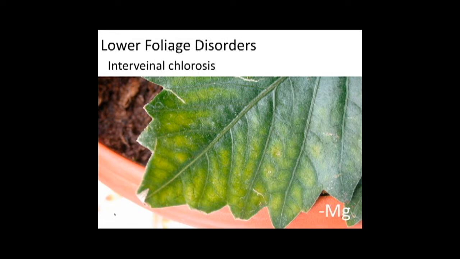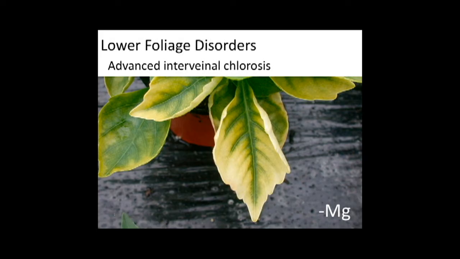We're looking here at a classical case, and you look at that leaf, interveinal chlorosis. The veins are green, and the spaces between those veins are yellow, and you can see that clearly in this up close shot. As things progress, under more severe conditions, you'll get an overall yellowing, and it will start moving its way up the plant. This is also a severe case in the southeast, and again, you really don't see it in the Midwest or the prairie provinces that often.